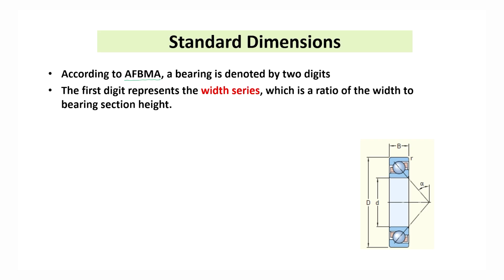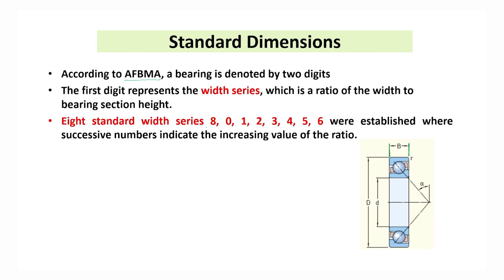The first digit represents the width series, which is the ratio of width, means this B, to the bearing section height. 8 standard width series are there, which are denoted by 8, 0, 1, 2, 3, 4, 5, 6, where successive numbers indicate the increasing value of the width series.